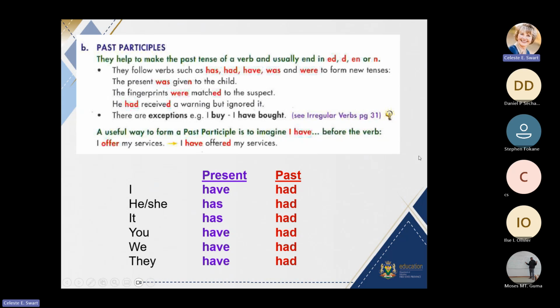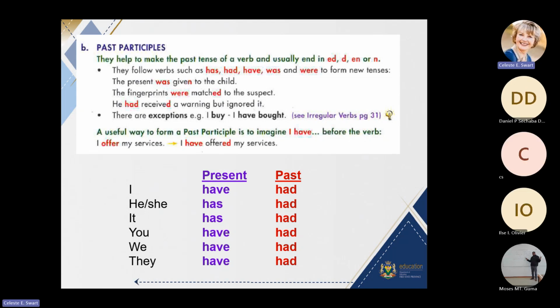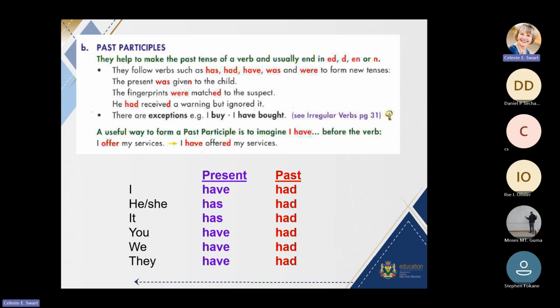Just below that, I have put in for you the verb to have in the present tense and the past tense, I have or I had. And if we look at he, she and it has, but you, we, and they have. Now, if you don't know your pronouns, you won't be able to figure out whether or not you're using the correct form when you get to something like the past participles.